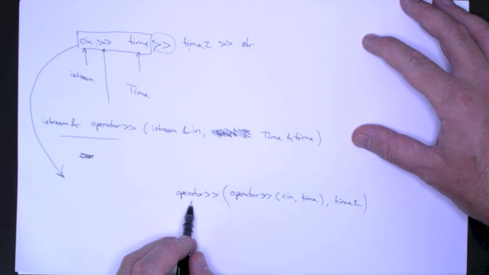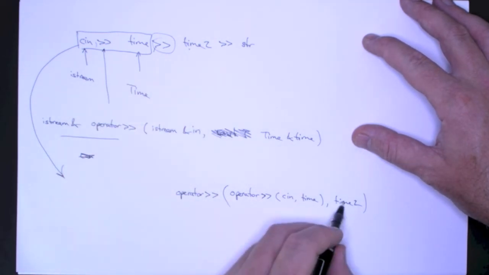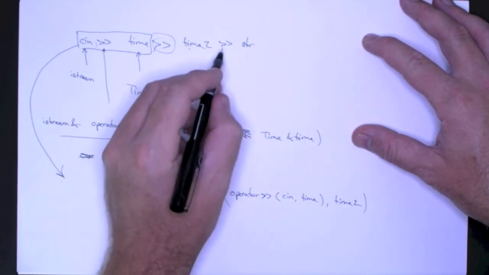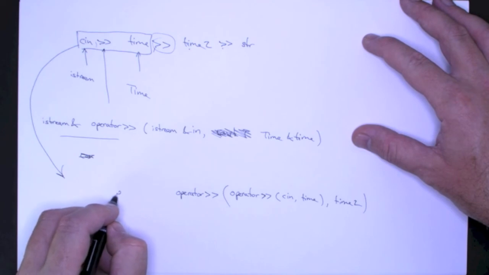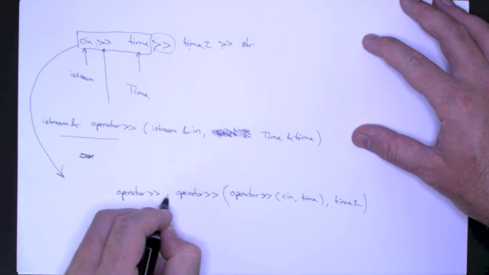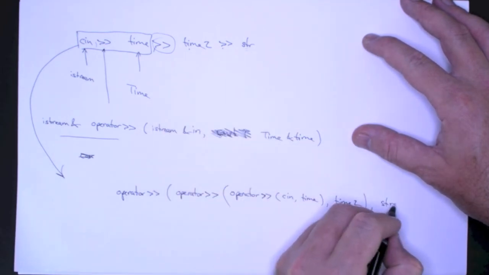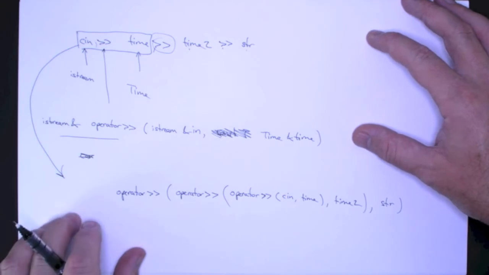And this operator is going to return the modified stream after it's extracted time2, and that will be input as a parameter to the third call, just like this. And that will extract str, which I'm kind of assuming is a string here.